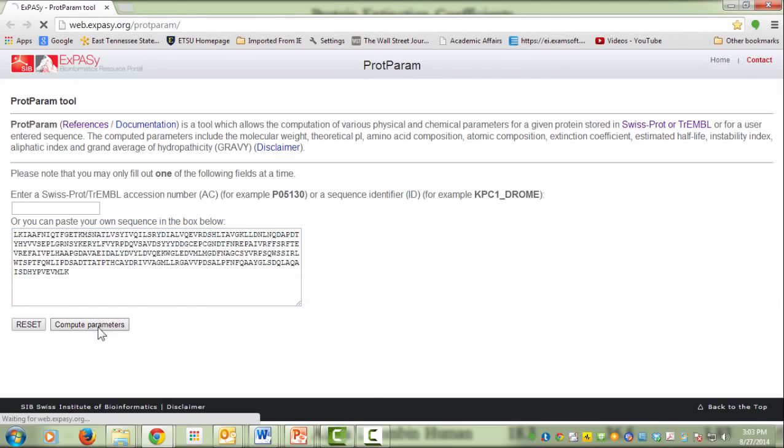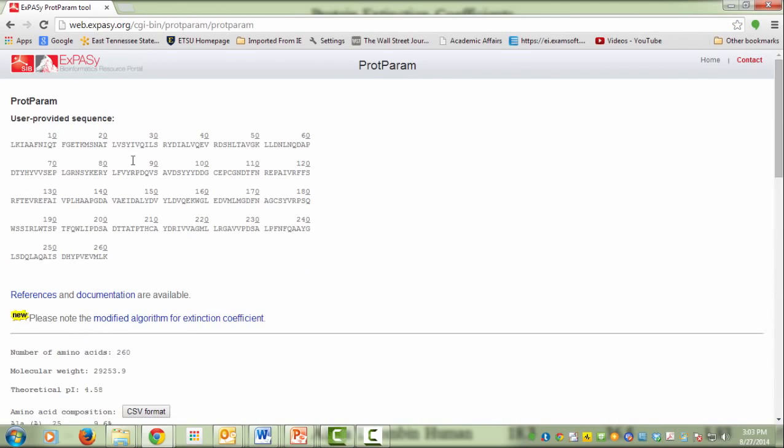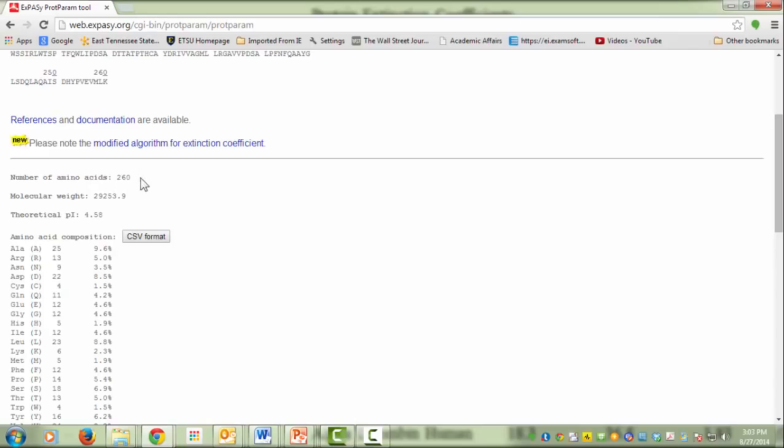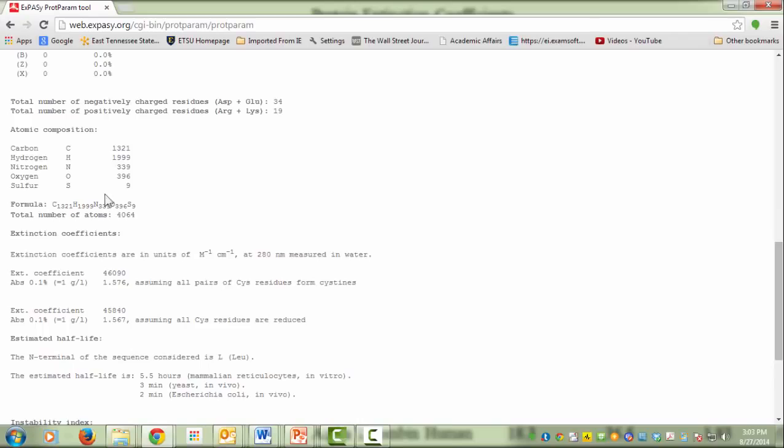I'm going to hit compute parameters, and you're going to see that here's the numbered sequence, 260 amino acids total. Molecular weight, 29,253.9. Theoretical isoelectric point is 4.58. This is the composition, amount of arginine, aspartic acid, glutamic acid, and lysine.